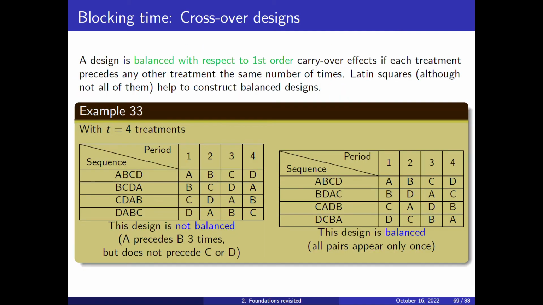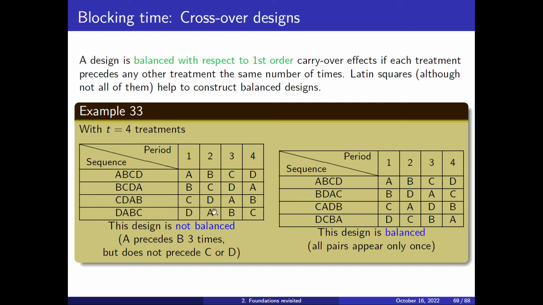Okay, and a design is balanced with respect to first order carryover effects if each treatment precedes any other treatment the same number of times. And Latin squares, although not all of them, help to construct these balanced designs. So for instance here, let's say that we have 4 treatments and we have 4 periods, so we can have multiple sequences.